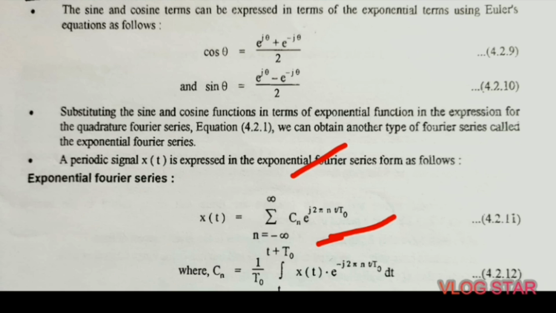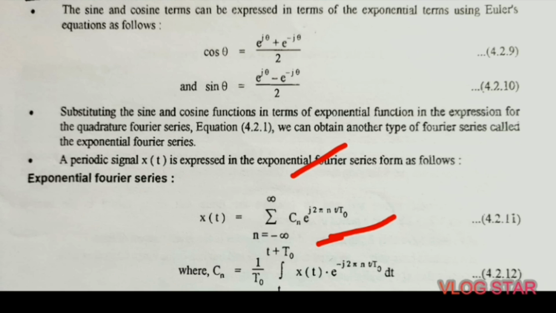Okay, next, the amplitude and phase spectrum of the exponential Fourier series. Here mod of Cn is equal to [real part of Cn squared plus imaginary part of Cn squared] raised to 1 by 2. The amplitude spectrum is a graph of mod Cn on the y-axis versus frequency f on the x-axis.